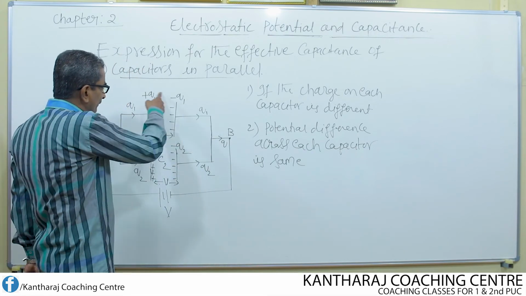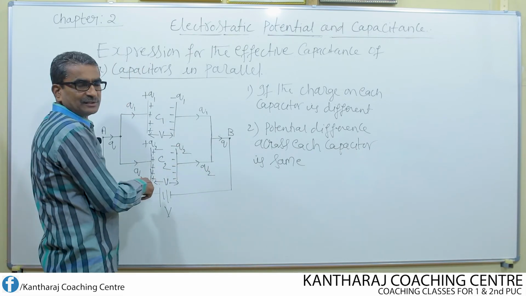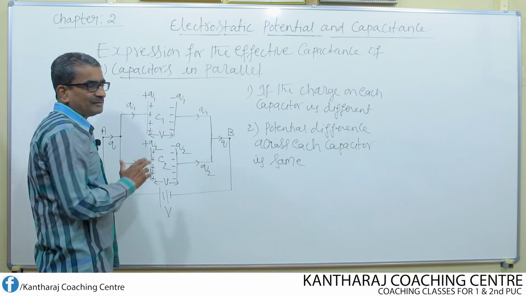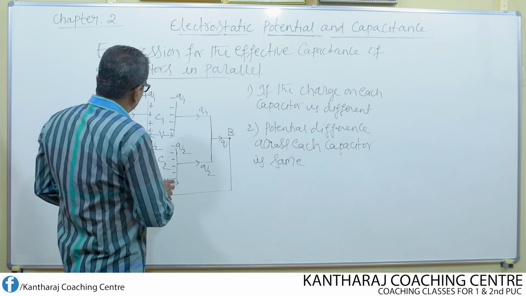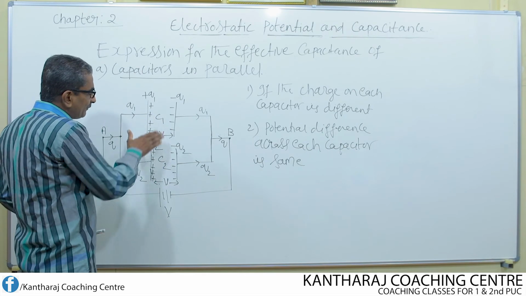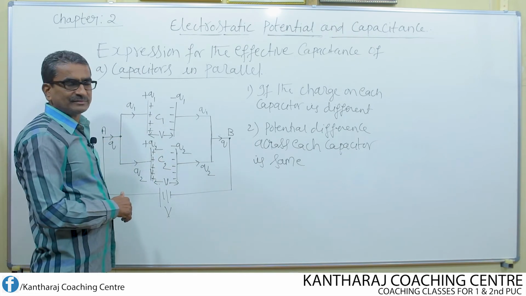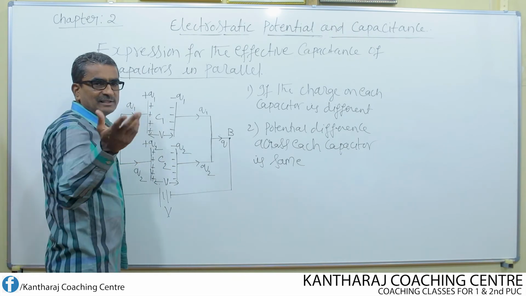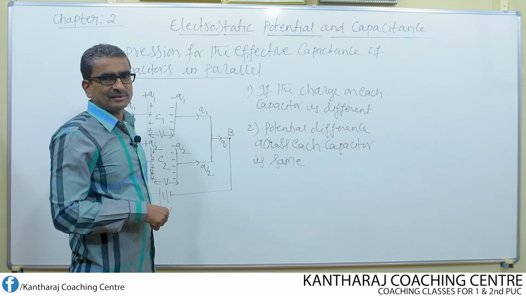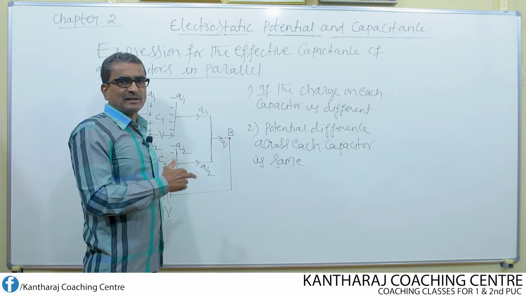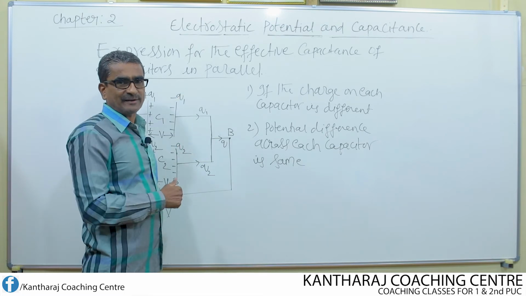Now once again, for the effective capacitance of this parallel combination, what's the equation that we have to derive? Here, which is the physical quantity that is changing? It is the charge. Whereas in previous case, it is nothing but potential. In series, potentials are different, V1 and V2, charges are same.